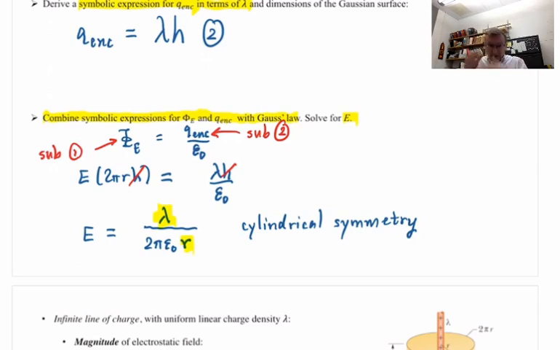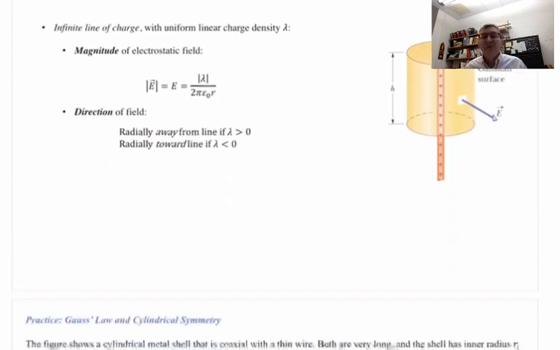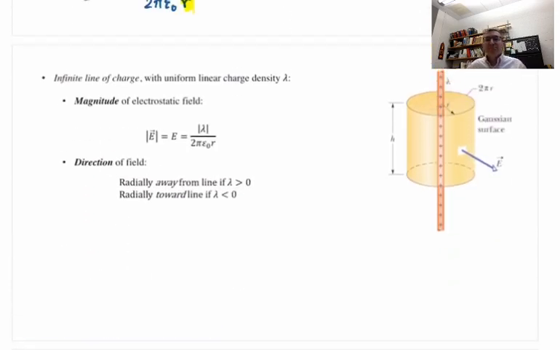That's because an infinitely long line of charge is not a point particle, and we shouldn't expect to have an electric field that is this field for a point particle. Okay? So this is the result we use if we have a very long line of charge, because that has cylindrical symmetry.